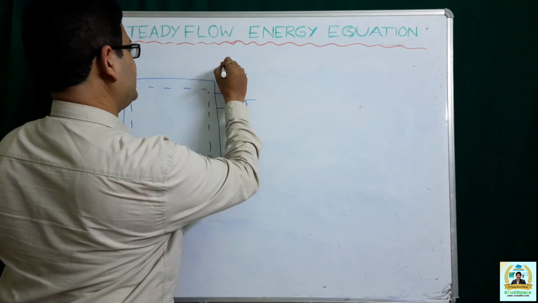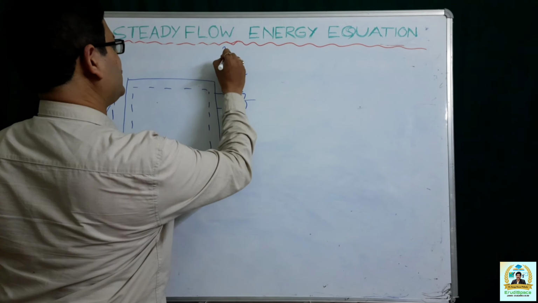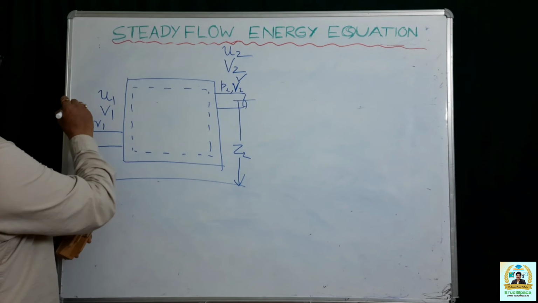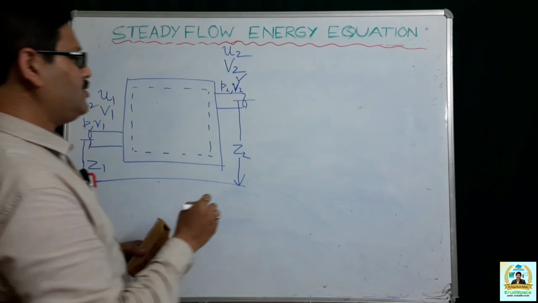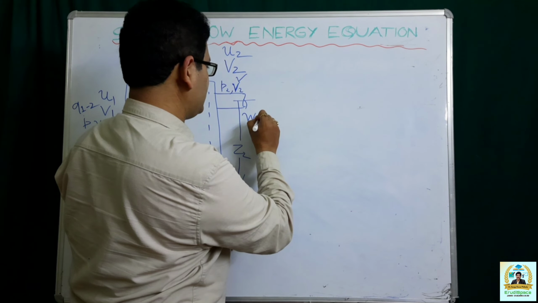The velocity is V2 here, and the specific internal energy is u2. The heat energy supplied is Q12 and the work output that we are getting is W12.